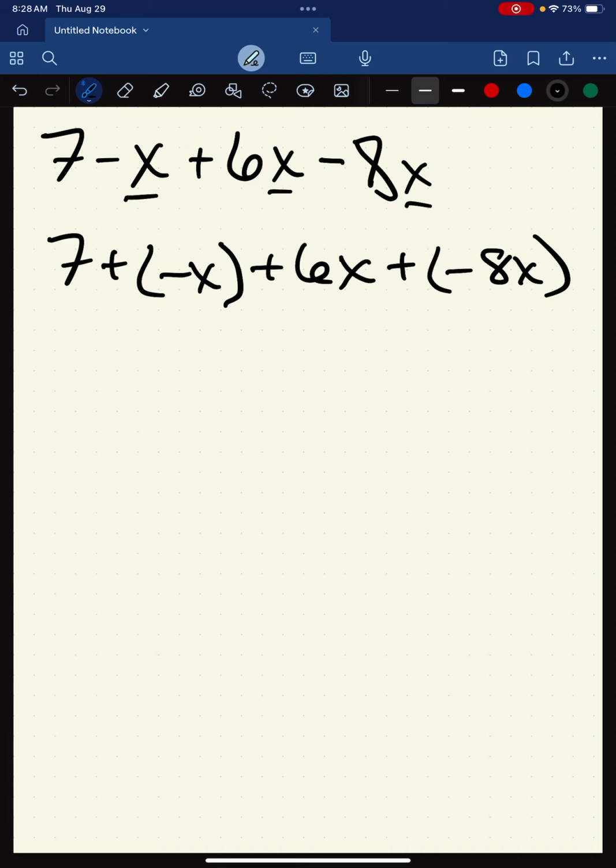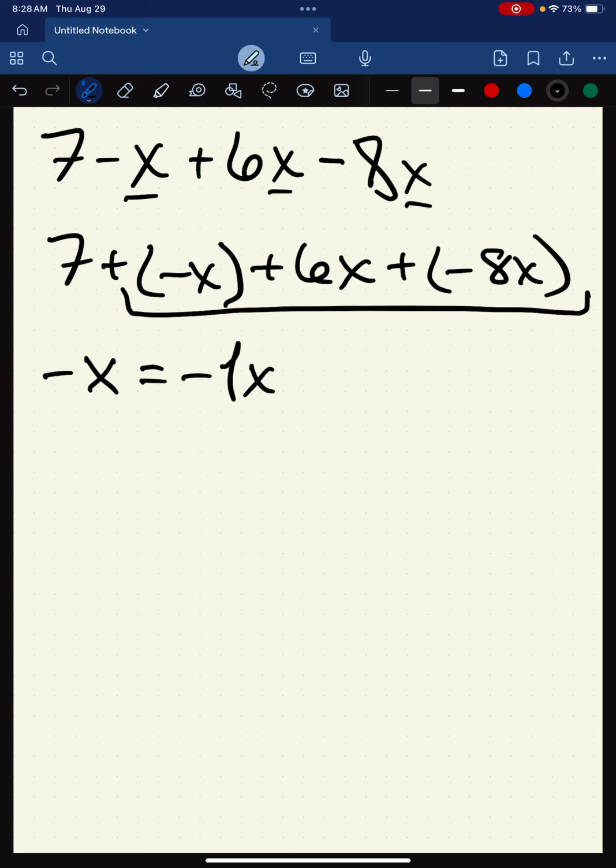So it looks like we have a bunch of terms that can be simplified. So negative x is the exact same thing as negative 1x. So if we look at our x terms, we have negative 1 right here, and then we have 6, and then we have negative 8.